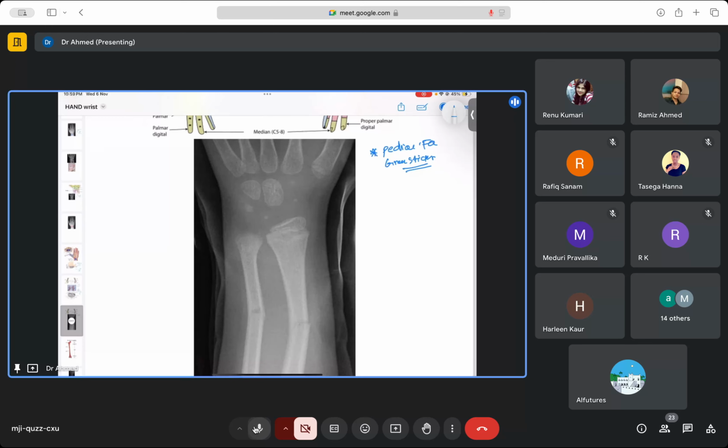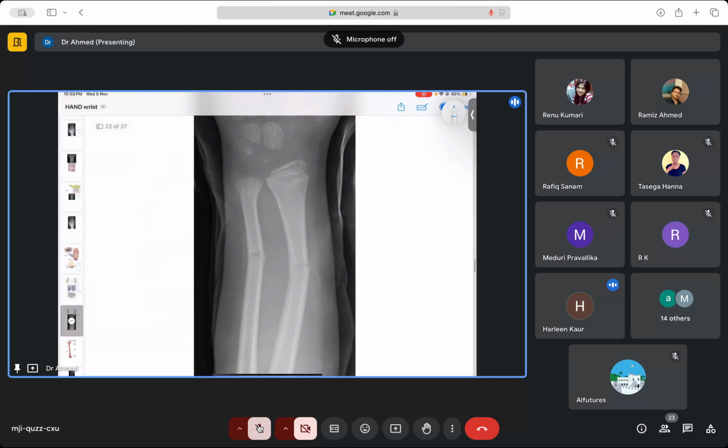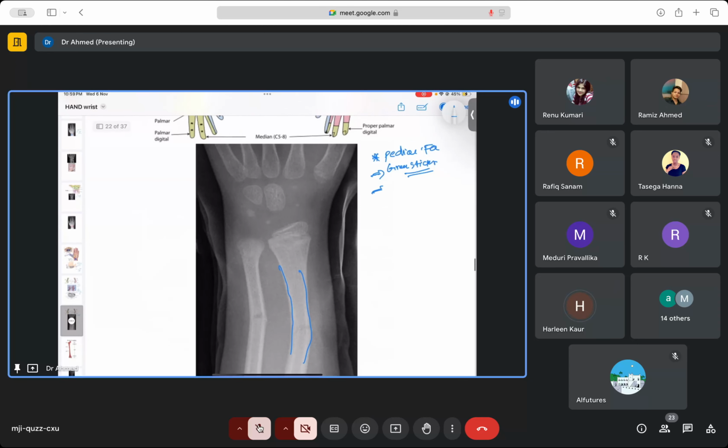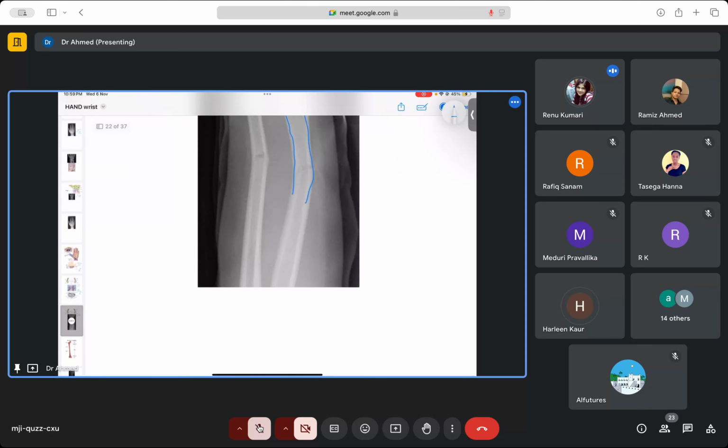Yes, the bone doesn't break completely, but you are going to see bending of the bone, right? Because in children, the bone is mostly made up of cartilage, so you're going to see bending of the bones.